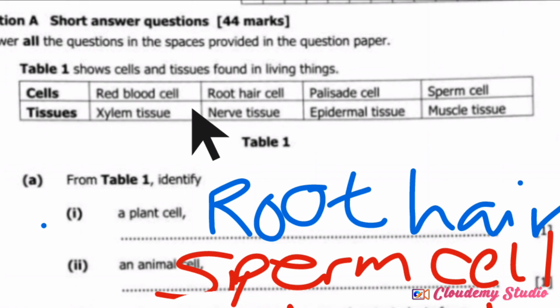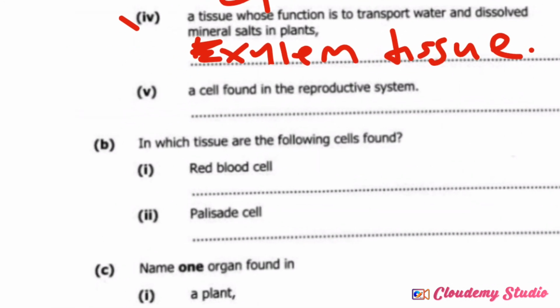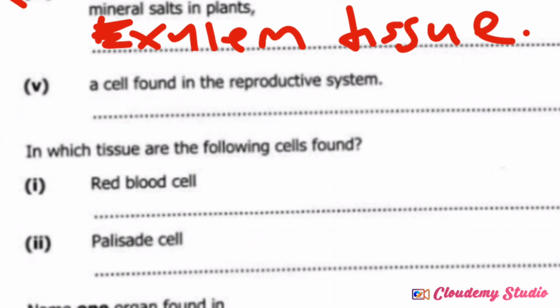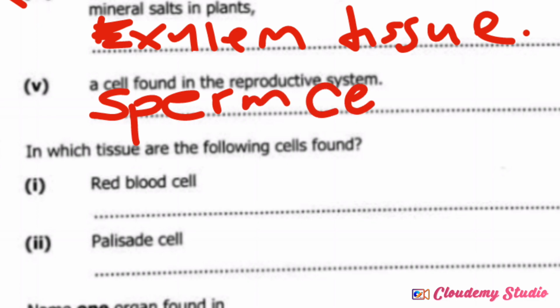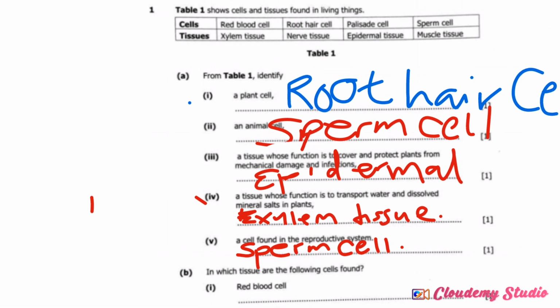We can't say red blood cell, we can't say root hair cell, we can't say parasite cell. Definitely it is the sperm. Sperms are the ones that bring about the reproduction. So when we are asked to identify the cell found in the reproductive system, our answer is as simple as the sperm cell. Like this. Okay?